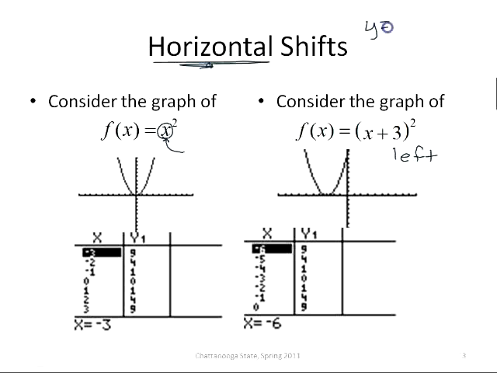If I had had the graph y equals x minus 3 squared, it would have shifted my graph to the right 3 units. And you can tell that when you look at the ordered pairs. To get the same y values, the x values just had 3 subtracted from them.